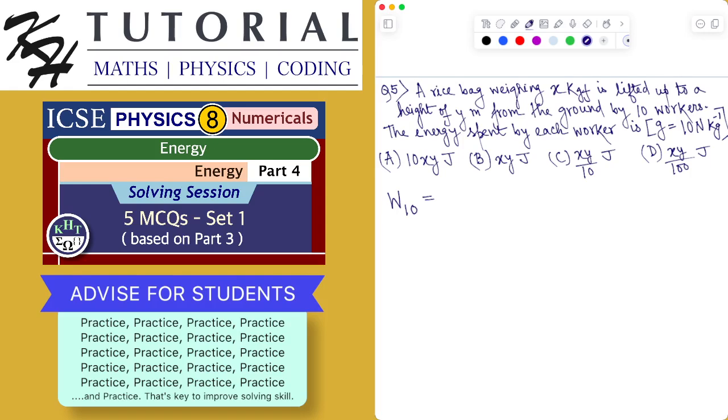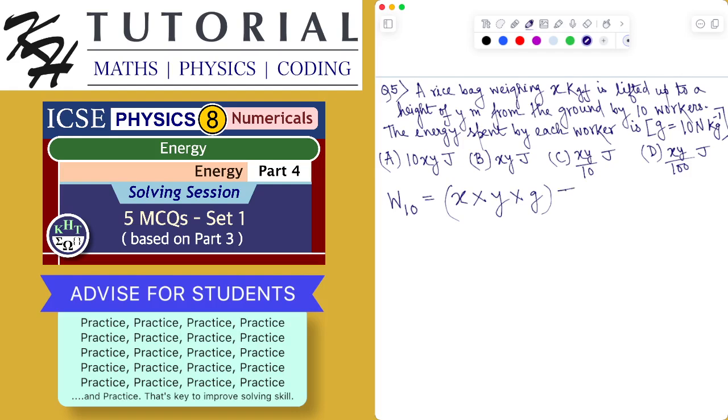Which will be the mass of the rice bag, x kilogram, multiplied by the height to which the rice bag was lifted, y meter, and g, the acceleration due to gravity, which in the problem we have to take as 10 Newton per kilogram.